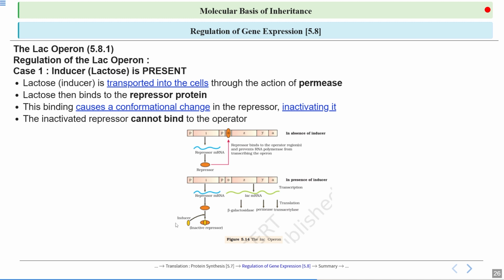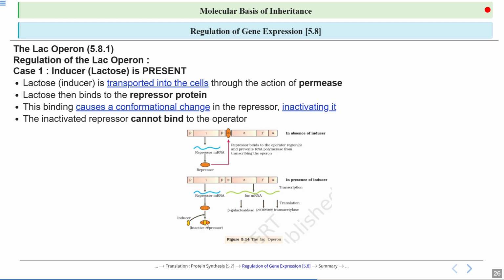Now the inducer lactose comes and binds to this repressor protein. Because the repressor is now bound with the inducer, this binding causes a conformational change in the repressor, and the repressor becomes inactivated.